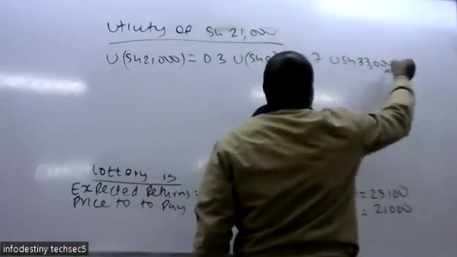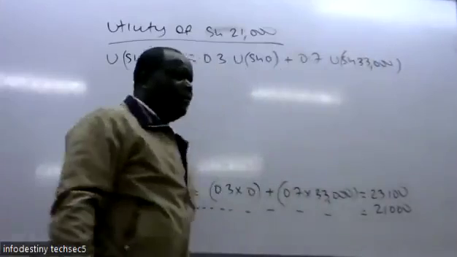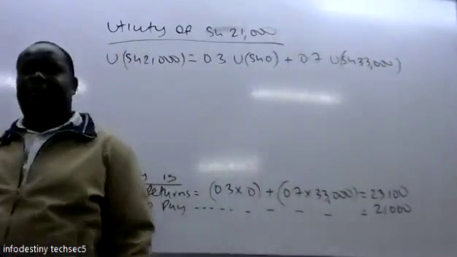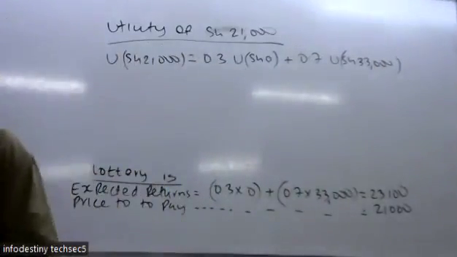So you want to know how many utils he is going to receive at that portion.